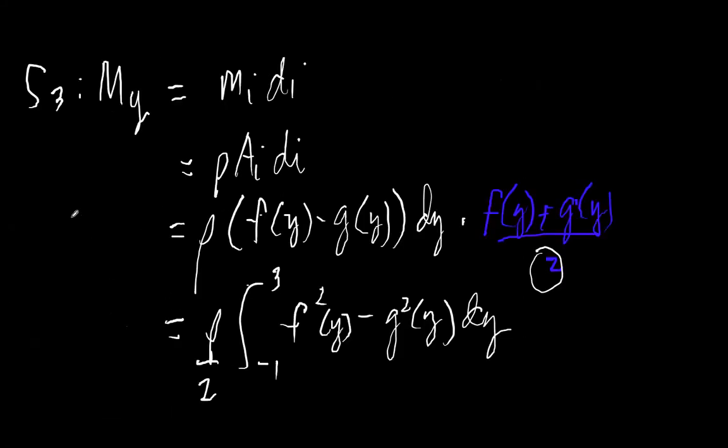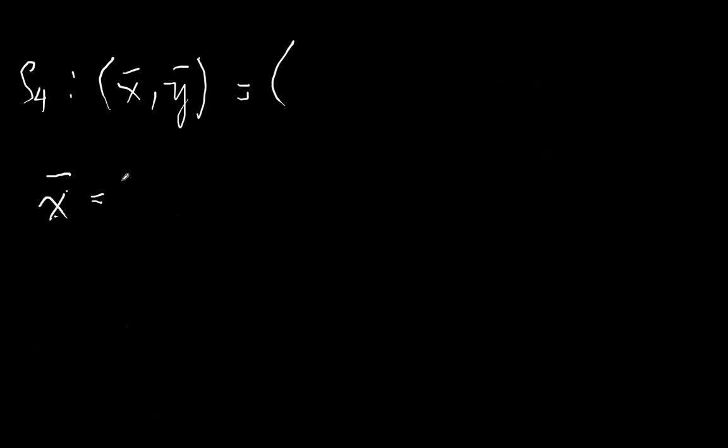So let's go to step number 4. We're now ready to solve for the center of mass of the lamina. Our x bar is equal to the moment about the y-axis over the mass.